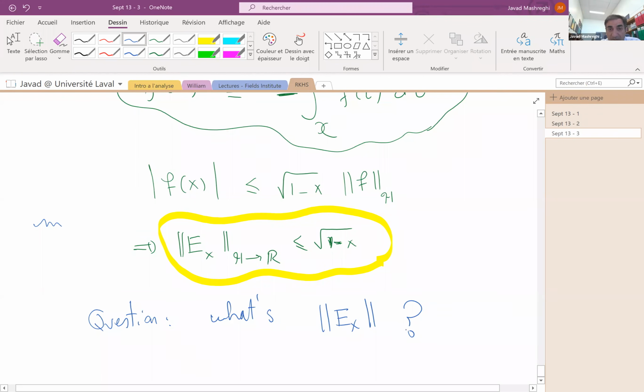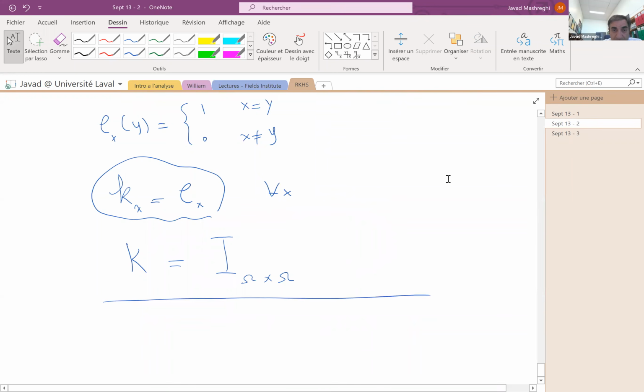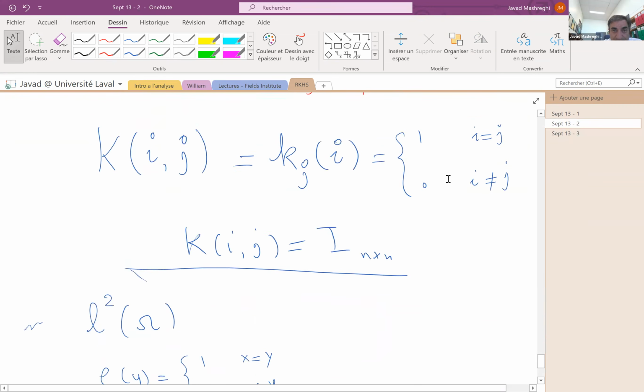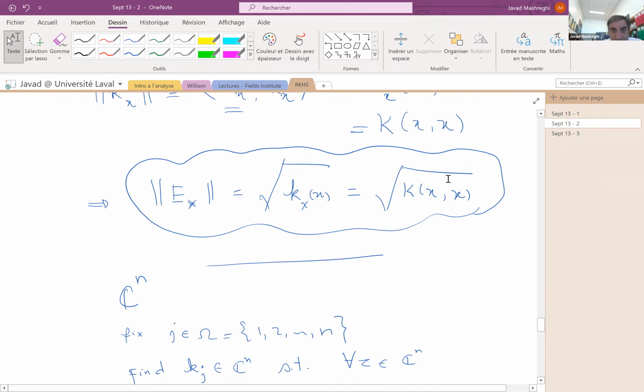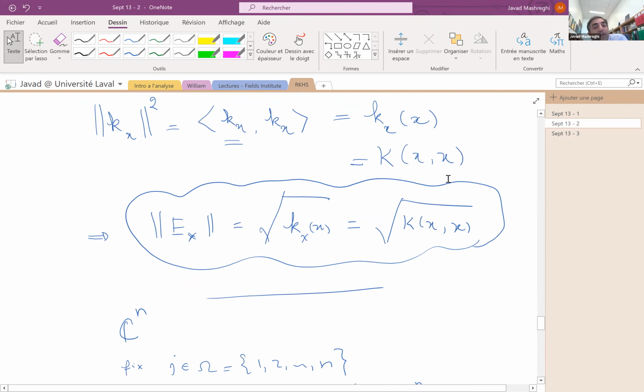To show you what I will use, I go back to the second part. Here it is. Here is the formula I will use to obtain the norm of the evaluation functional. But before using this formula, I have a long road to traverse.